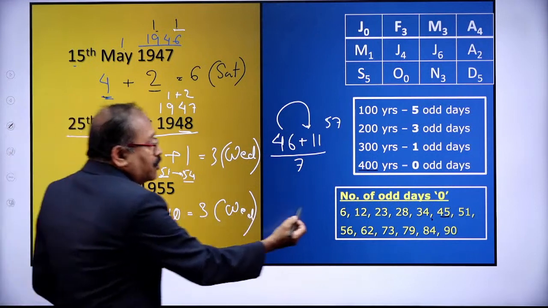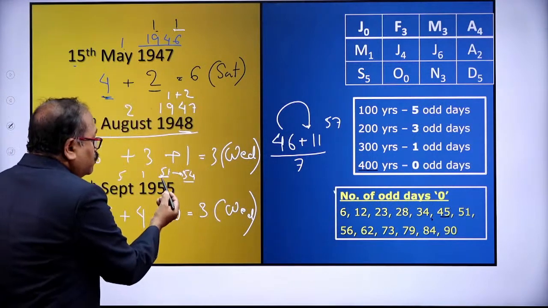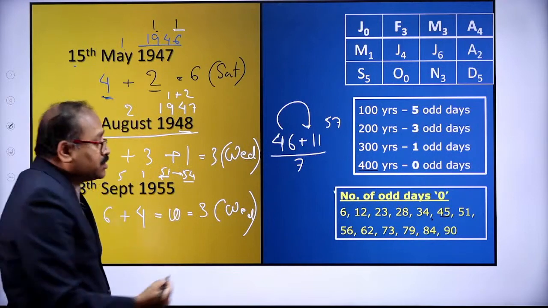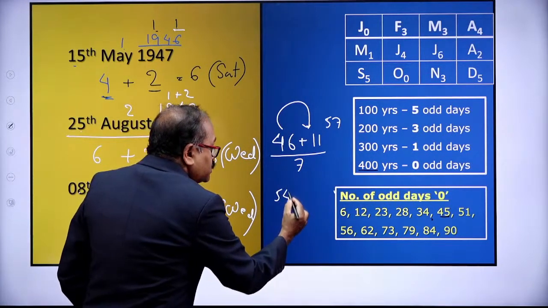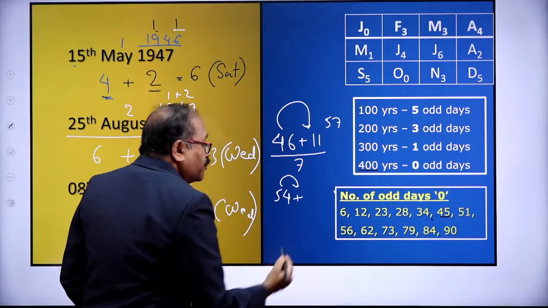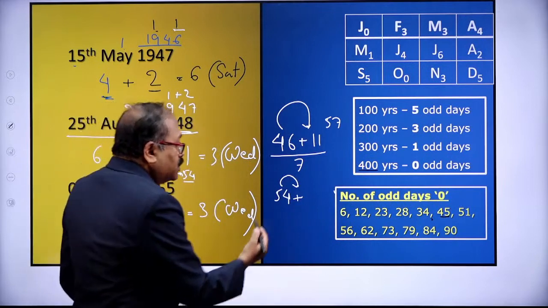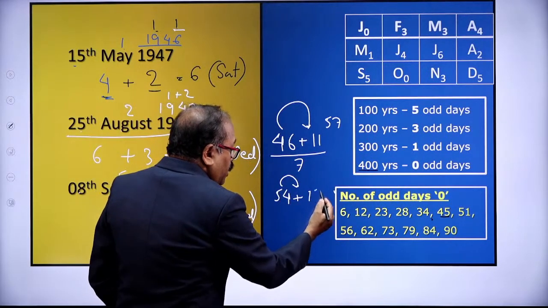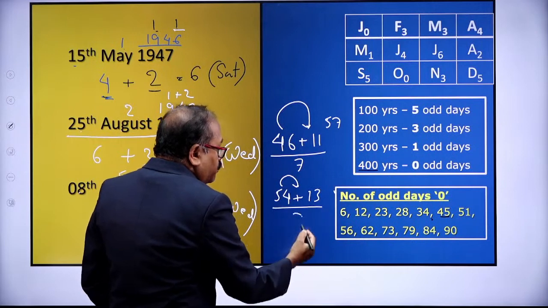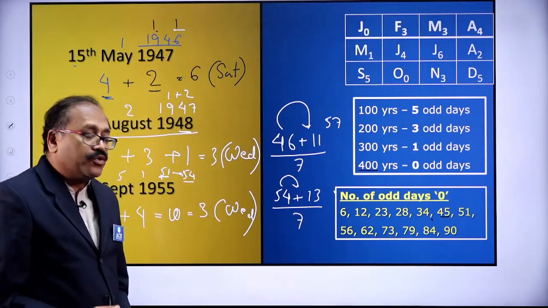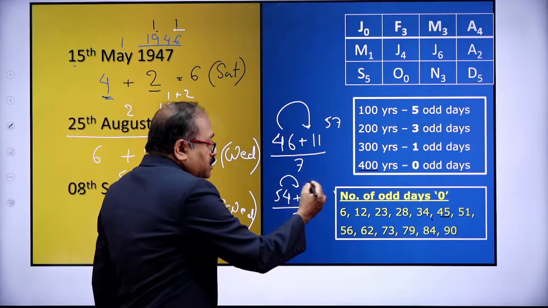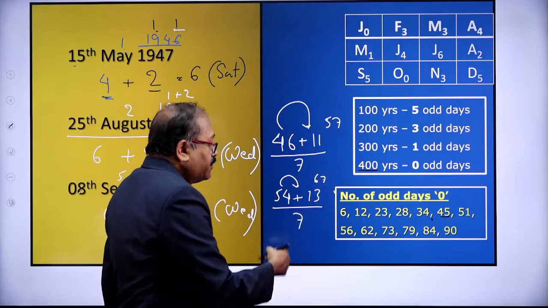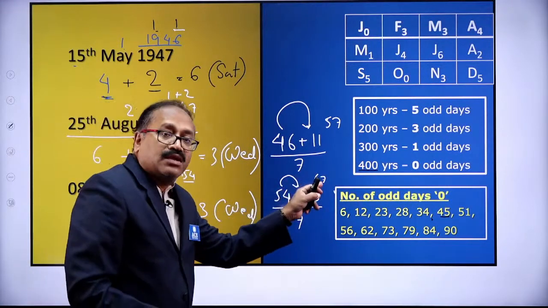Even suppose you don't remember this data, how do you get the odd days for 54 years? So 54 plus the number of leap years in 54, that is 13, so 54 plus 13, 67, divided by 7. 7 9s are 63.